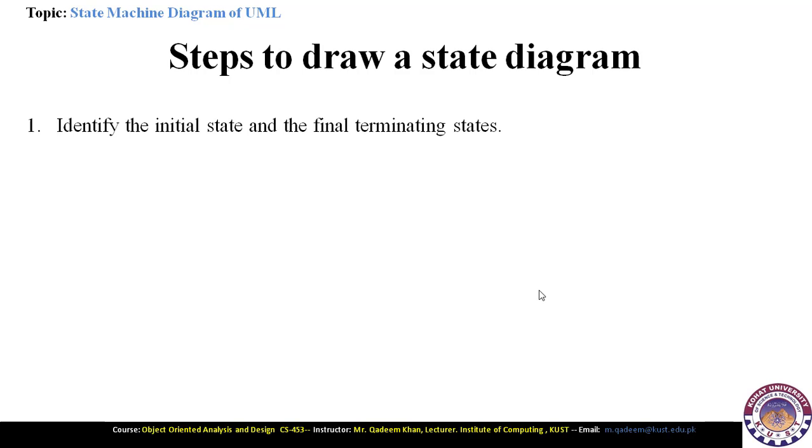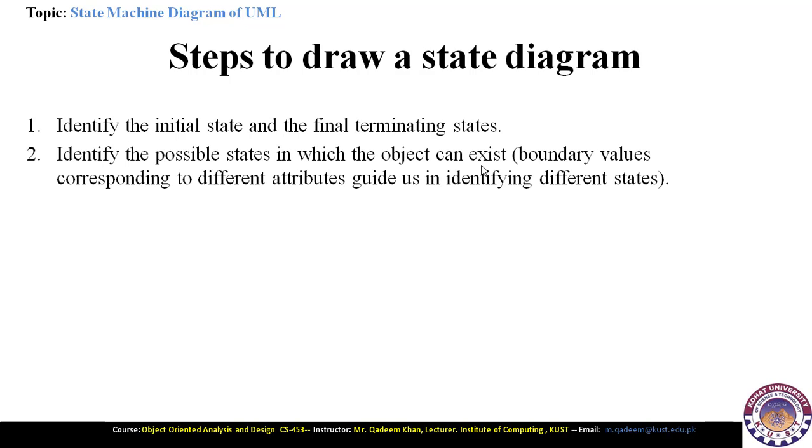Now, how will we draw a state diagram? First of all, we need to identify the initial state and the final terminating state of the state transition diagram. Next, after identifying the initial and final states, we identify the other possible states in which the object can exist, and the boundary values corresponding to different attributes guide us in identifying different states.